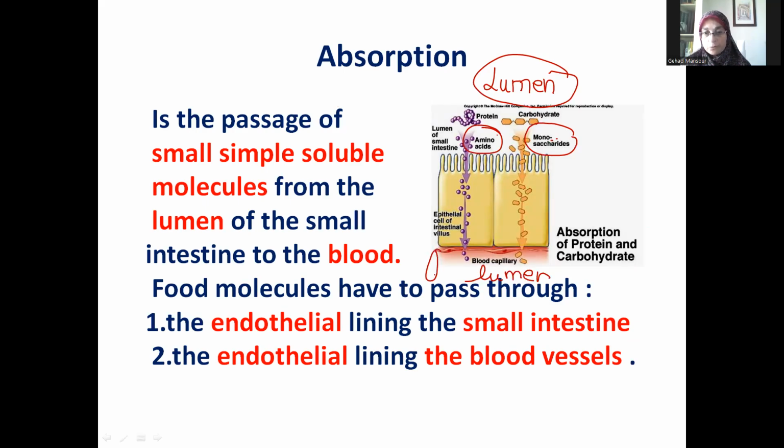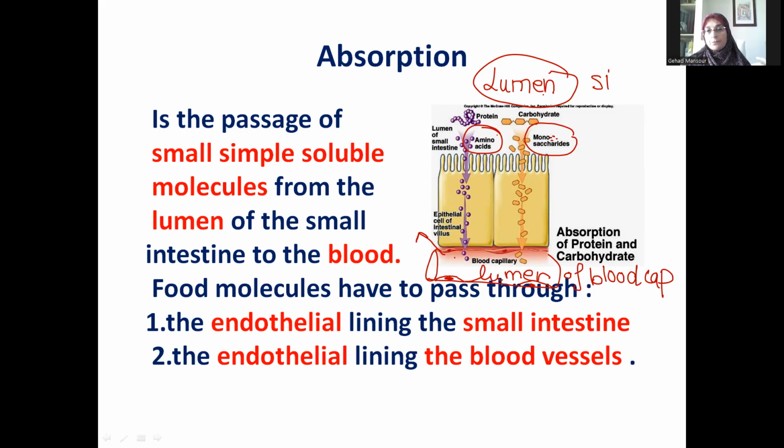Here we have just shown the cells that line the blood capillary, the endothelial cells. So when you transfer the soluble products of digestion from the lumen of the small intestine to the lumen of the blood capillary, then you are carrying out absorption.